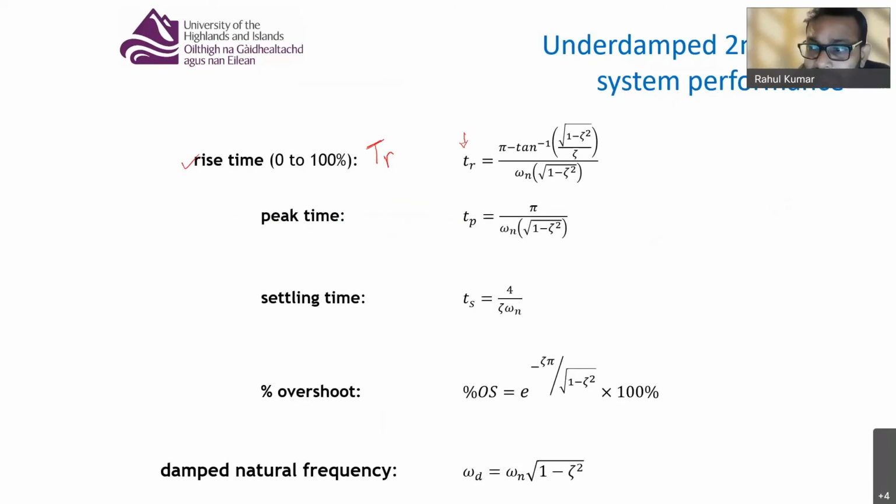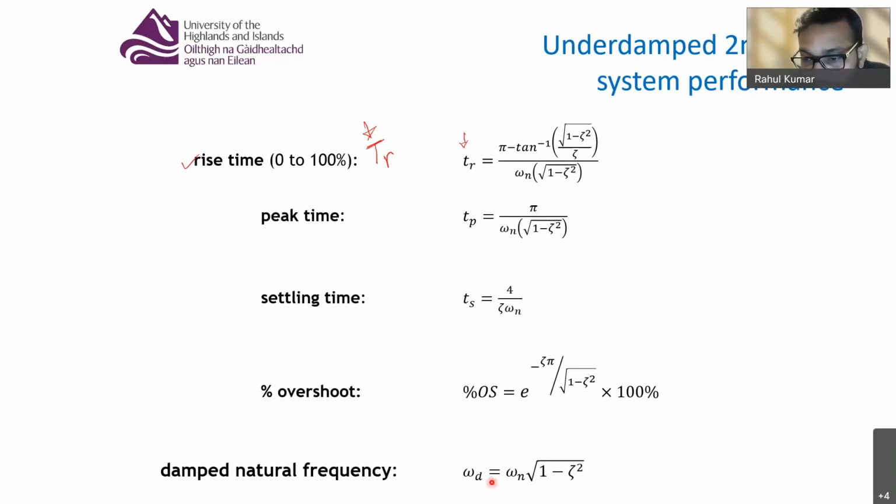In the graph I've represented it by capital T, and in the formula I'm representing it by small t, so don't get confused by that. So t_r is given by the formula, which I think should be visible for you. Similarly, you have the formulas for peak time, settling time, percentage overshoot, and damped natural frequency.